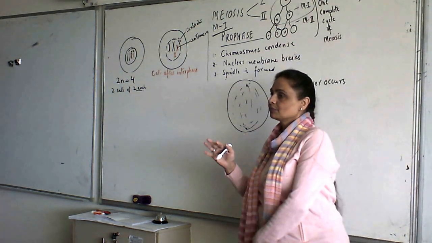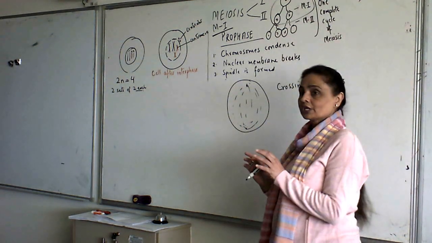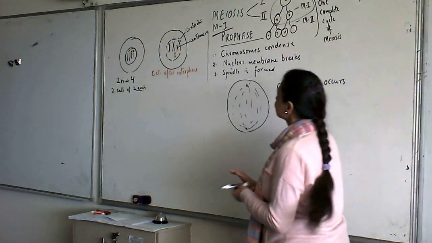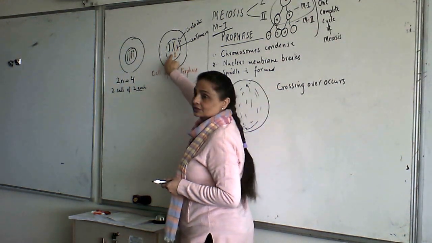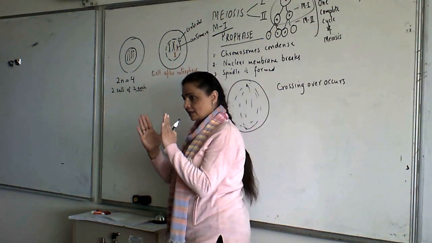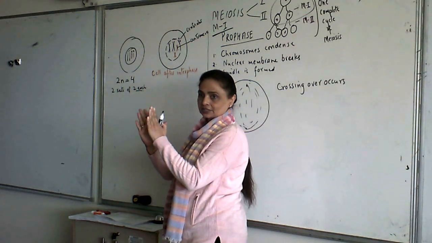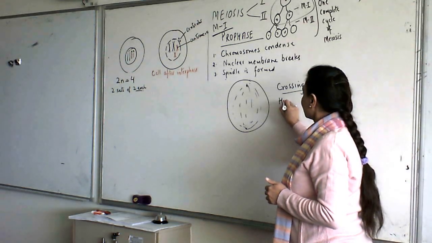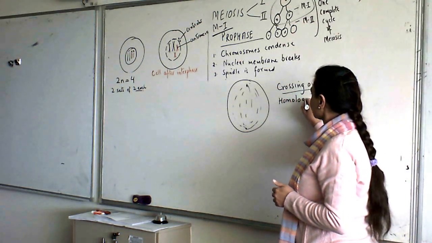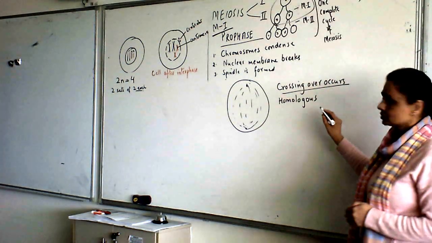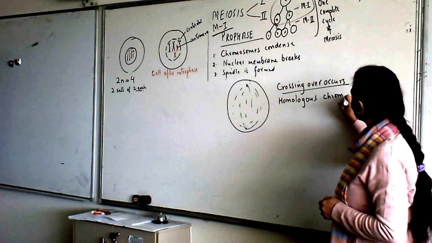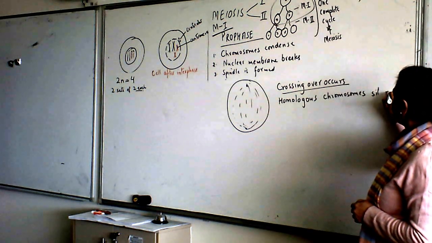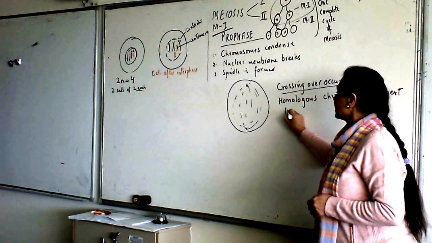When the chromosomes organize themselves on the spindle, they attach to the spindle. After that, these similar chromosomes, say chromosome number 1 and 1, come to sit together in pairs. The similar ones are called homologous chromosomes. So homologous chromosomes sit next to each other, or you can say they form pairs.